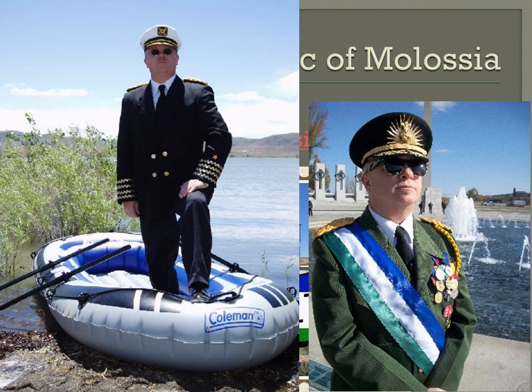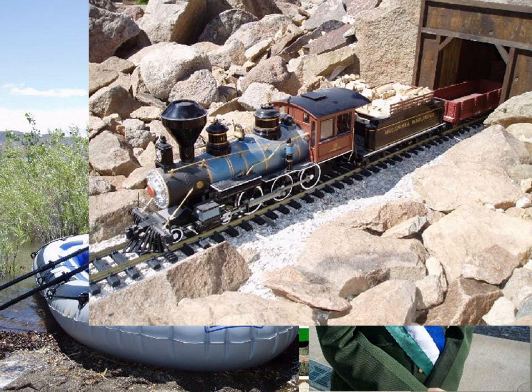This is the president aboard the MS Wombat, part of the Navy of Malaysia. In fact, Malaysia has its own transportation network. It has its own railroad, which may or may not be a toy train set. Unless those are massive boulders in the background, I'm going to go ahead and say that's a toy.